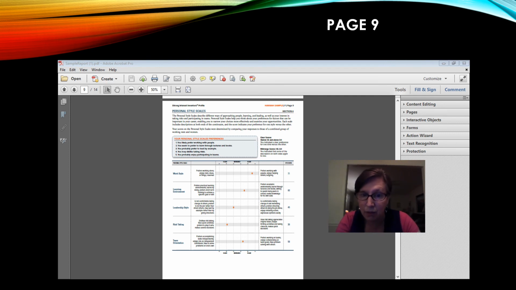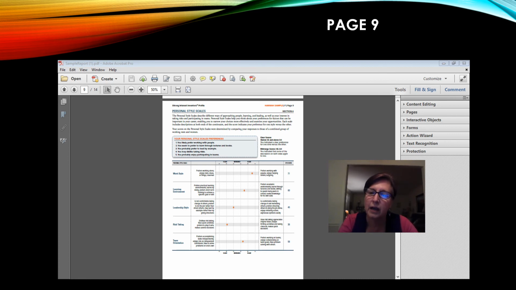You're kind of just in the middle, but sometimes, like in her example, she's very much on the side of a work style that you see it's leaning in one direction very strongly. So pay attention to that, and it probably is going to make sense.